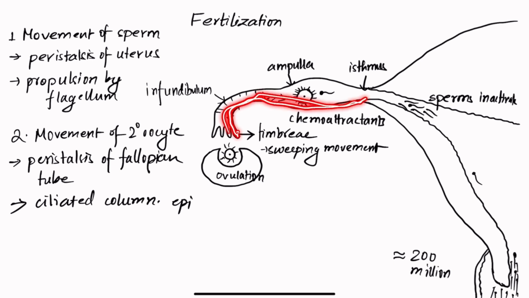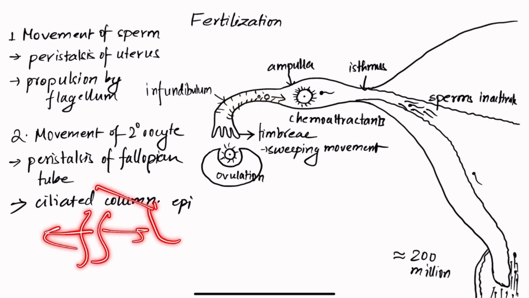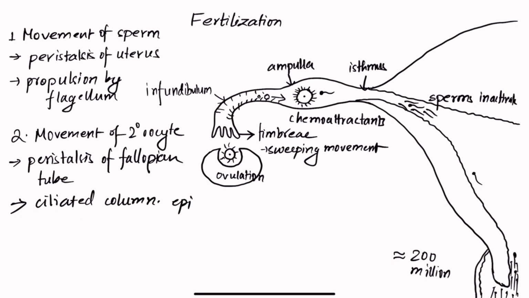So the wall of the fallopian tube is internally lined by these ciliated columnar epithelium, and the cilia of the columnar epithelium show rowing movement, that is to and fro movement, like the oars of a boat. And this rowing movement helps to migrate the secondary oocyte through the infundibulum.